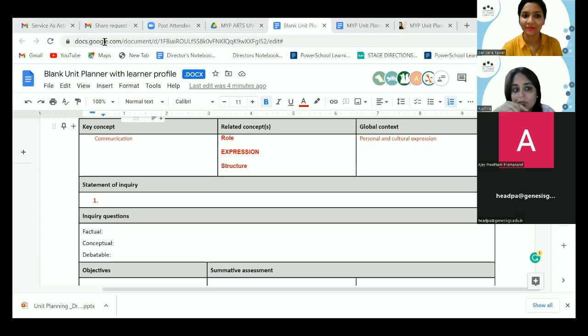Even composition: this is how composition looks in drama, and this is how it looks in visual arts. The two are very different. For the unpacking of a unit, these big ideas, as we talk about for conceptual understanding, are very important to drive a unit.